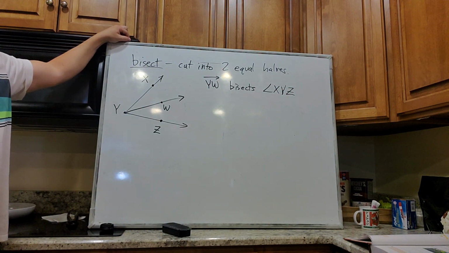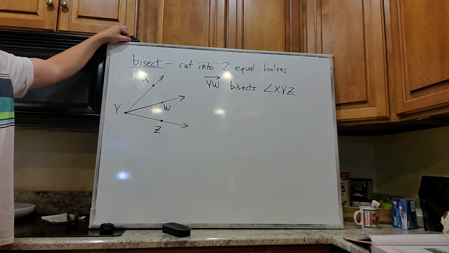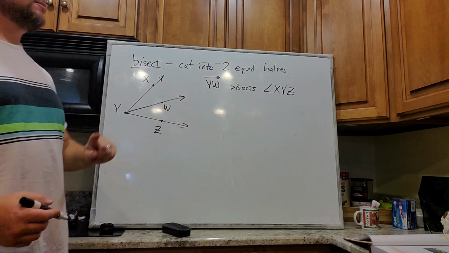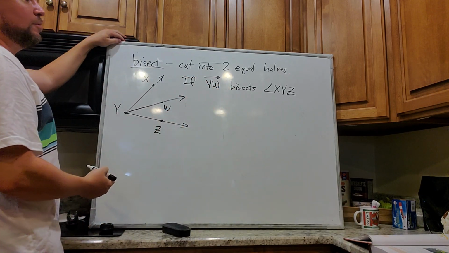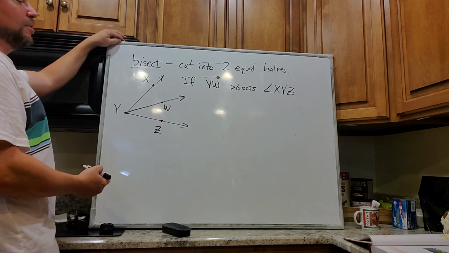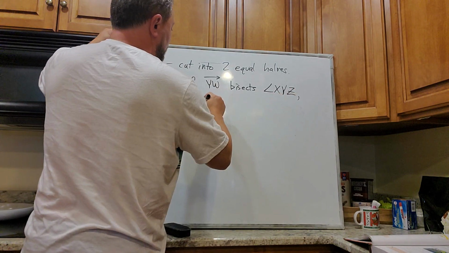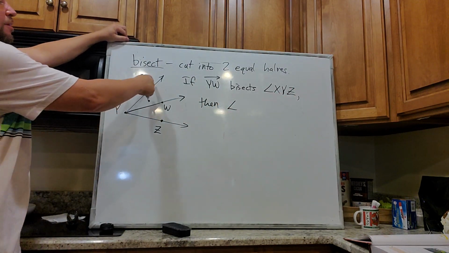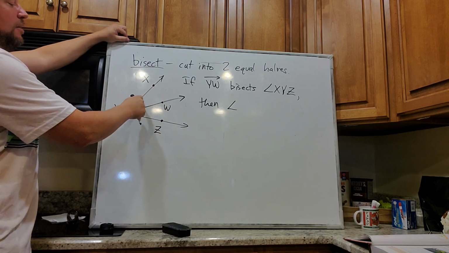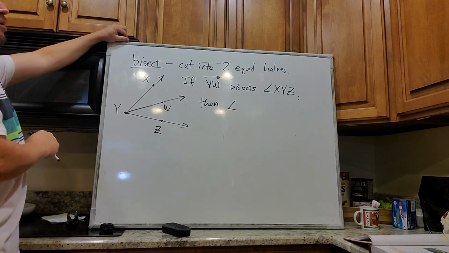then that means we're going to have some equal halves as a result, right? So in this picture, if YW bisects angle XYZ, then the top half of this and the bottom half of this are going to be the same.